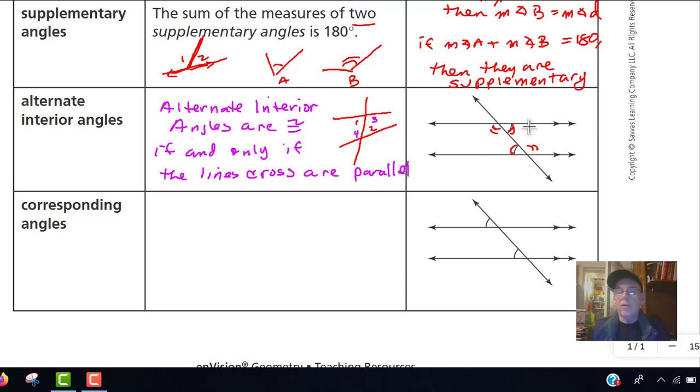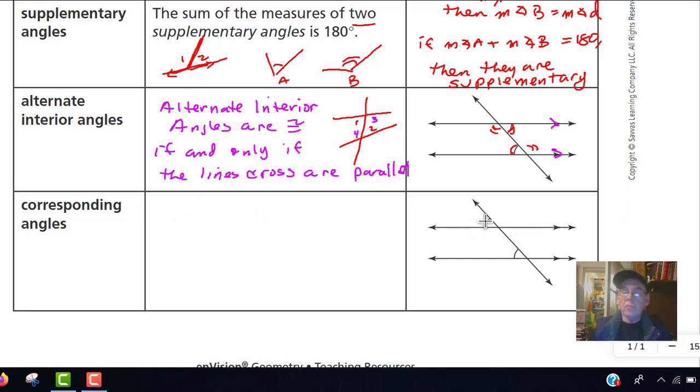If we have parallel lines cut by a transversal, these alternate interior angles have to be congruent to each other. If we have lines crossed by a transversal, we can talk about them being alternate interior in terms of their position, but we can't say anything about their measures being equal unless the lines happen to be parallel.